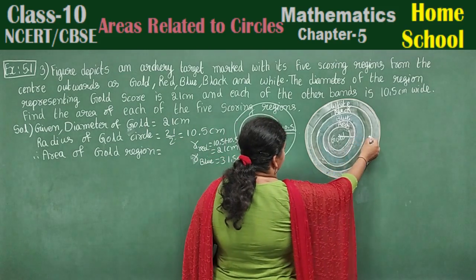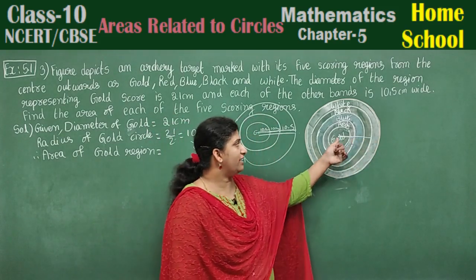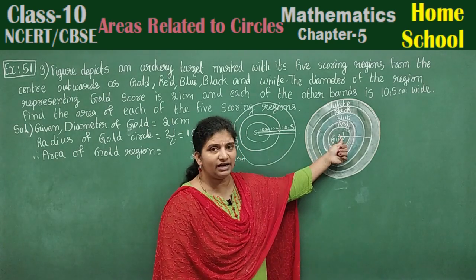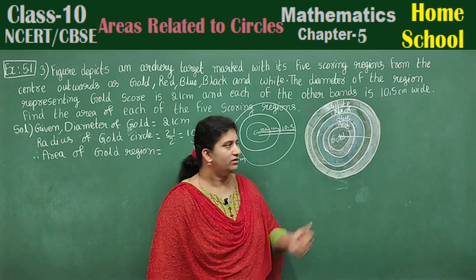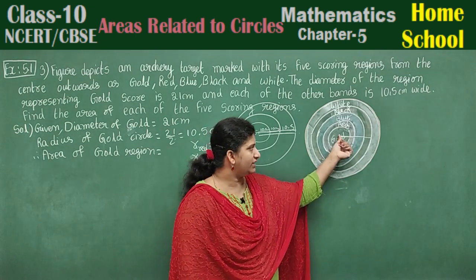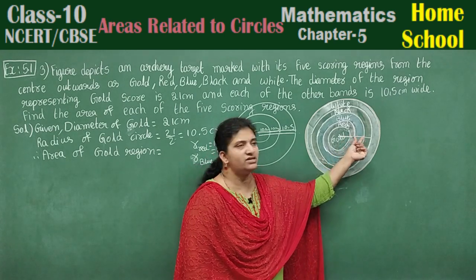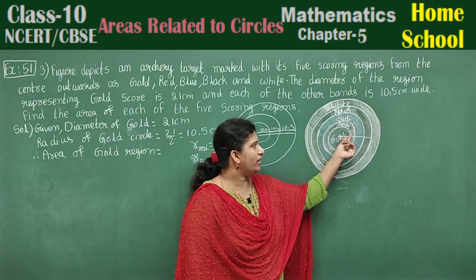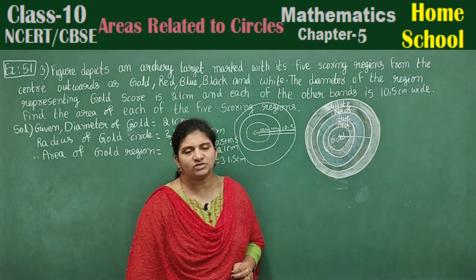Okay. Similarly, what's your next color ring? Next color ring is black. Again, when I talk about radius, I'll start adding from the center to the circumference of the black color ring. Let's start adding from this center, children. This gold radius is 10.5. Each ring width is 10.5. 10.5, 10.5, 10.5, 10.5, 4 times you need to add.